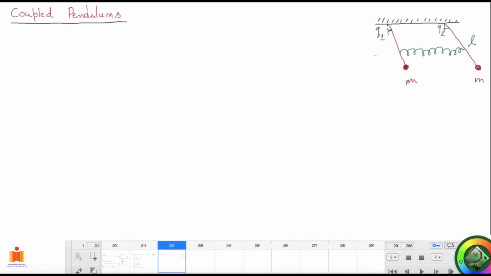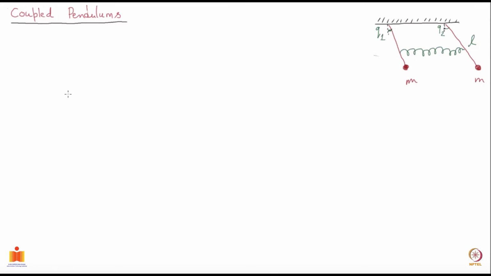Let me change the color back to black. This will be the kinetic energy here. So T is half m l square times q1 dot square plus q2 dot square.